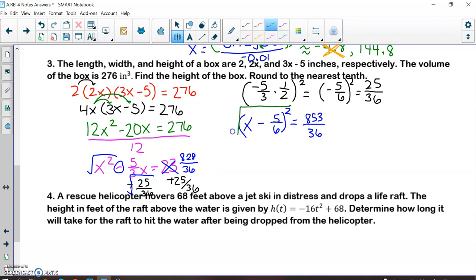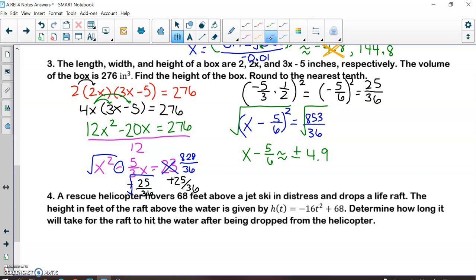Now I'm going to take the square root of both sides. I get x minus 5/6 is approximately equal to positive or negative, and if I do the square root of 853 divided by 36, I wind up with about 4 point, it does say to round to the nearest tenth, so 4.9.